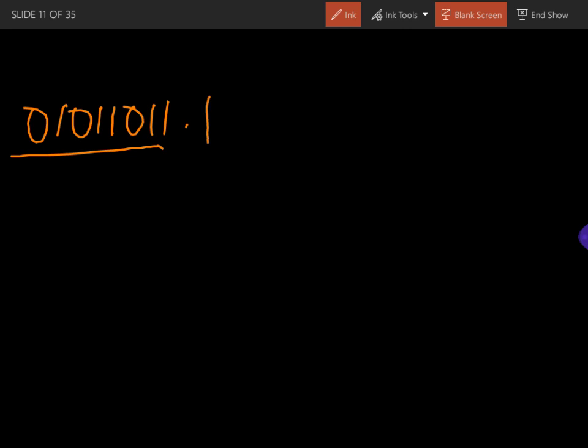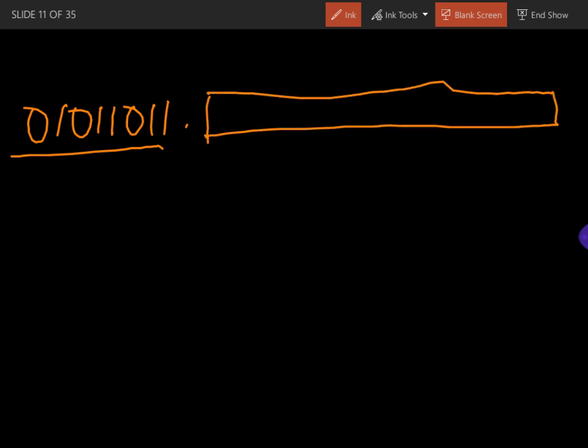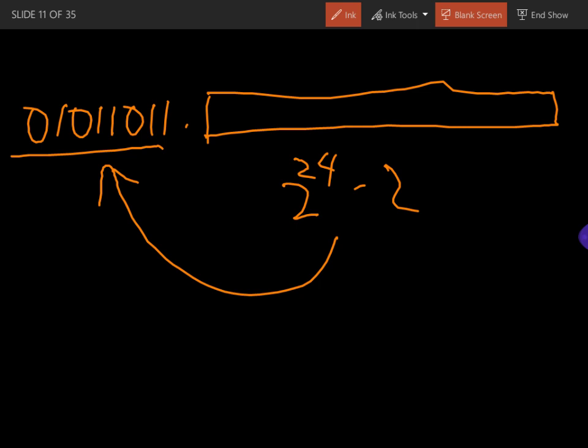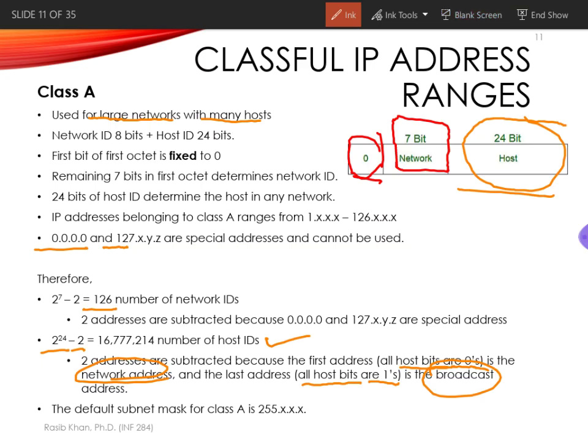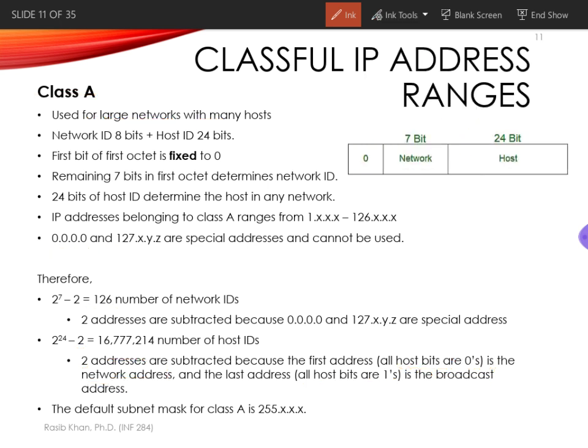So now for the remaining 24 bits, we have 2 to the power 24 minus 2 IPs that we can generate, and all of these IPs will fall into the same network ID. So that is why Class A networks have the usefulness of being allocated for very large networks where we have many hosts which are connected to a single network.